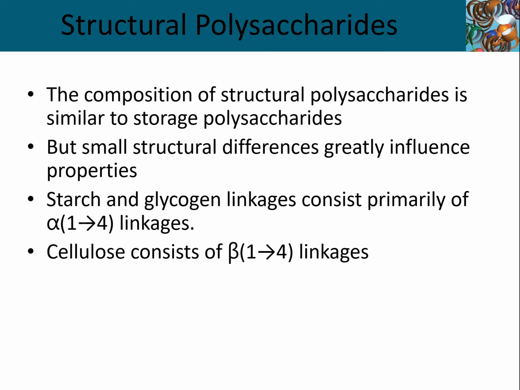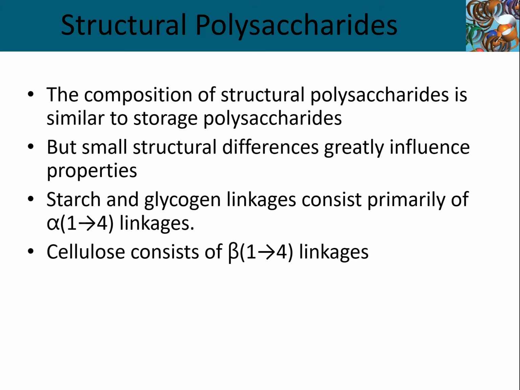So moving on from our energy storage polysaccharides, let's talk about our structural polysaccharides. There's a couple notable differences. Starch and glycogen linkages primarily consist of alpha-1,4 linkages, and this allows for the curvature to the structure of the carbohydrate.